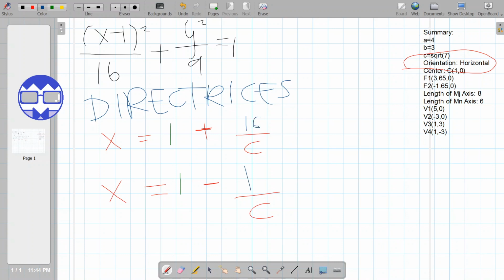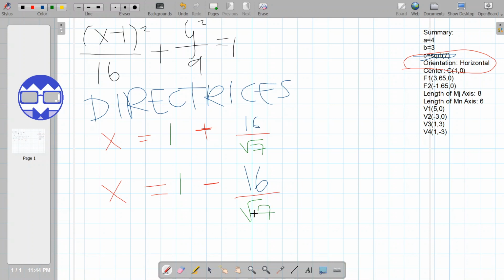And we have our C. According to our result here, C is square root of 7.